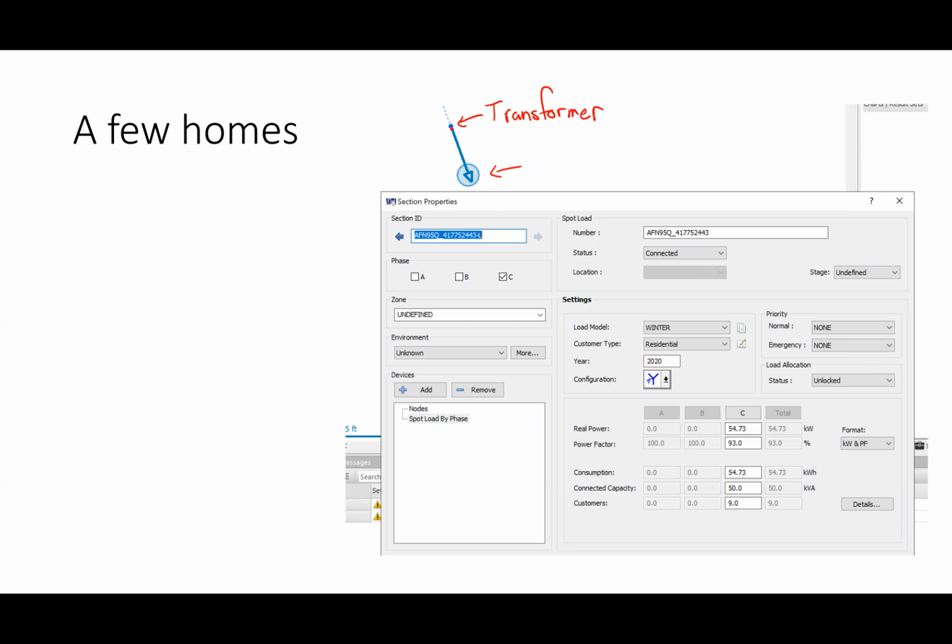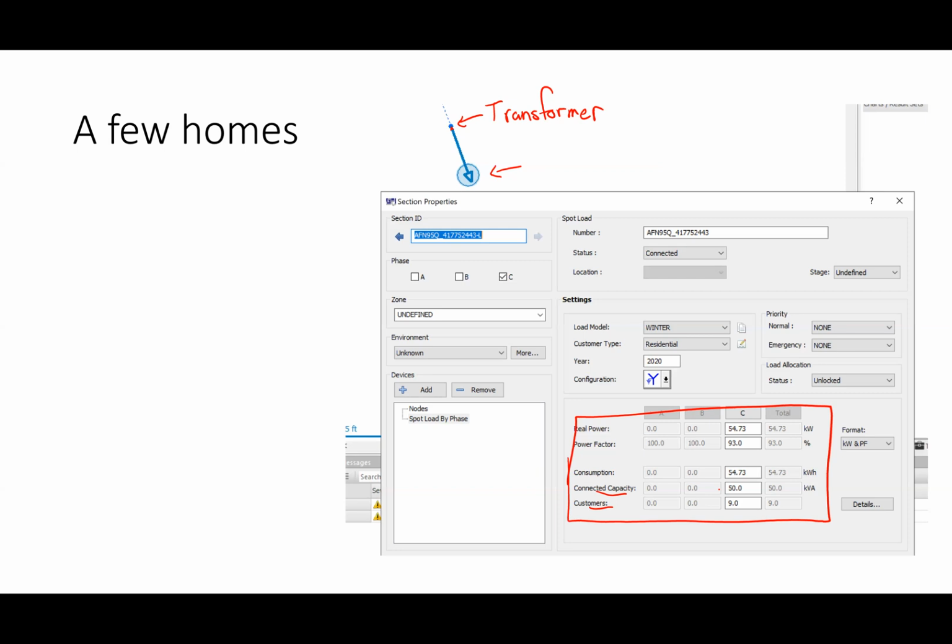It's kind of interesting to see this. What I see down in here is the way the utility would think about this. And what it says is that for the transformer, there are 9 customers and a connected capacity of 50 kVA.